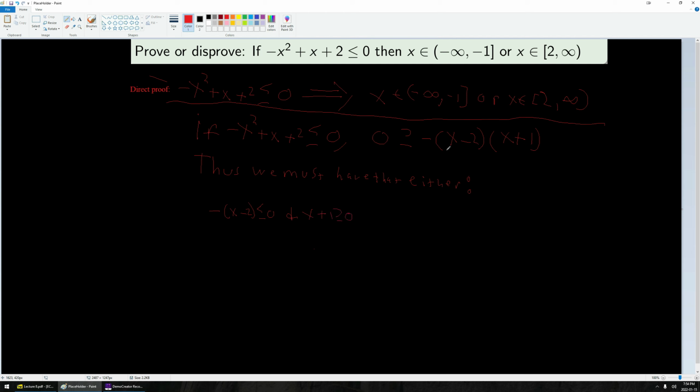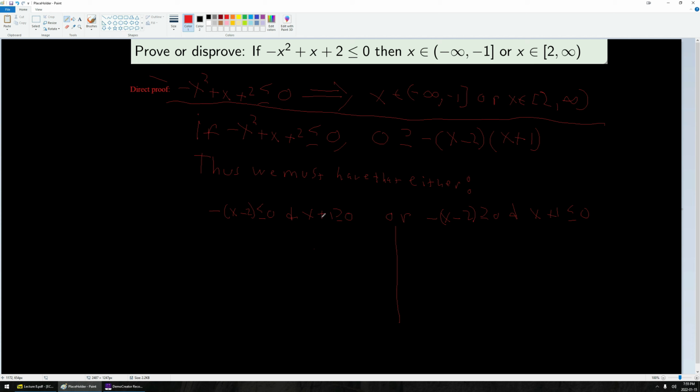In this case, that would be negative. Or, and I'll put a line to separate this out, my other case would be where this first one is greater than or equal to 0, and at the same time, this second one has to be less than or equal to 0. Okay, these are the only situations where this thing can be less than or equal to 0.